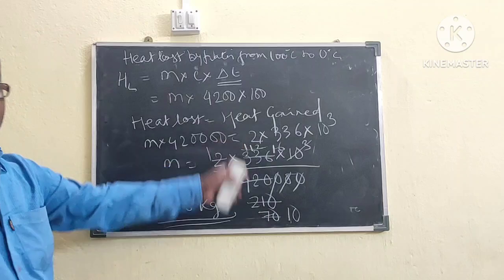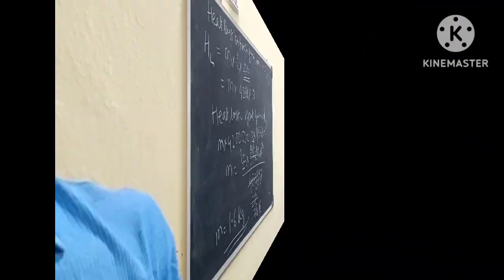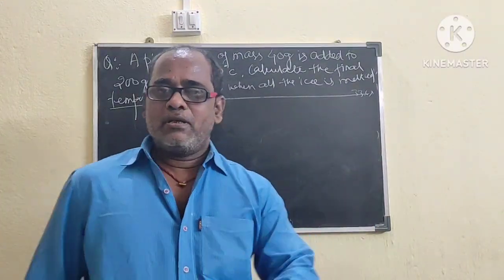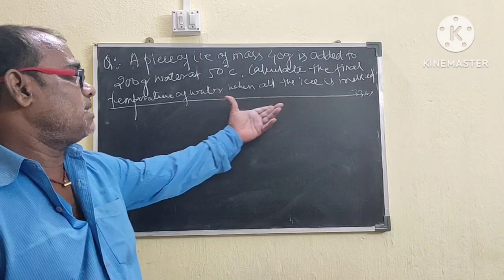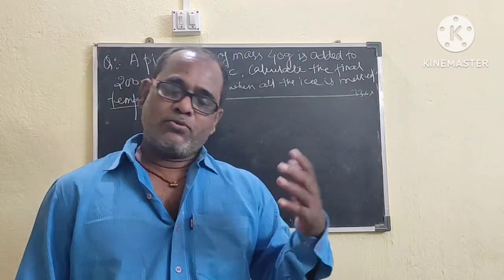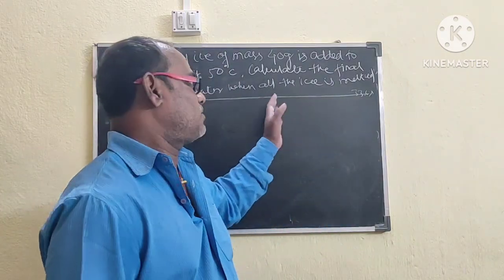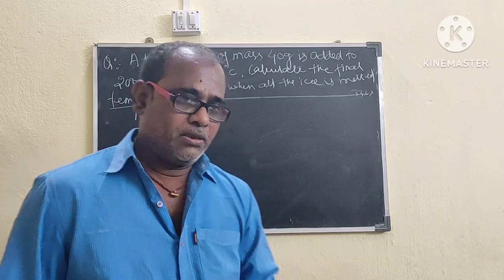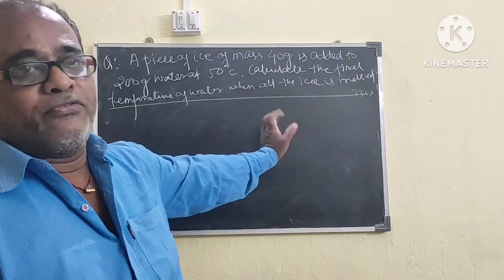In this way you have to solve the problem. Okay, one more question I'm going to read out here, and be careful to understand this question because students often get confused by this question in examinations. So let us read the question first.